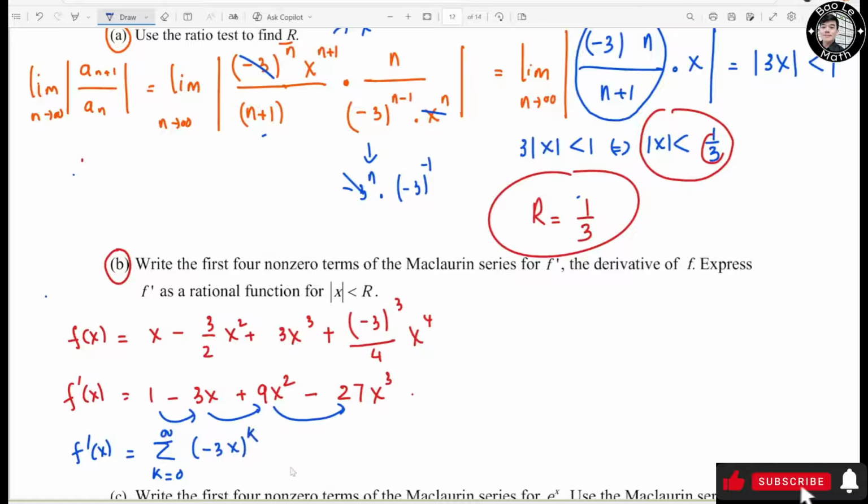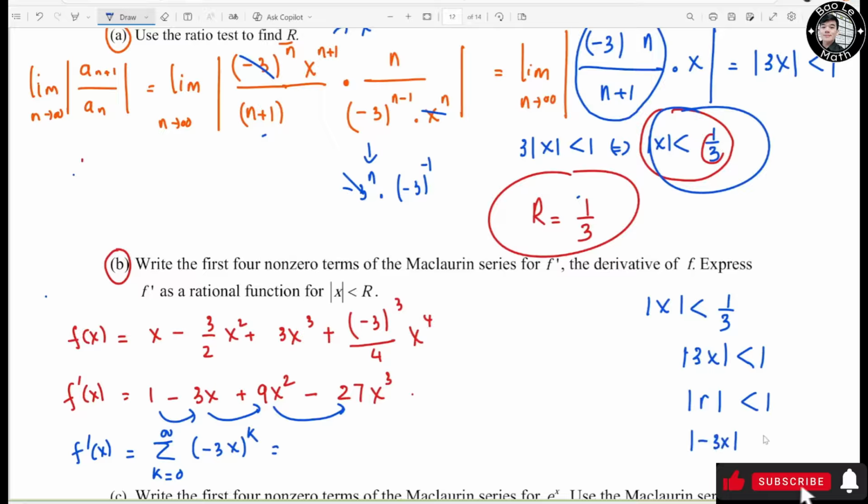to the k. And this series converges because we have this guy right here, the absolute value of s less than 1 over 3. This is actually the absolute value of 3s less than 1, which is the absolute value of the common ratio less than 1, or the absolute value of negative 3s less than 1.